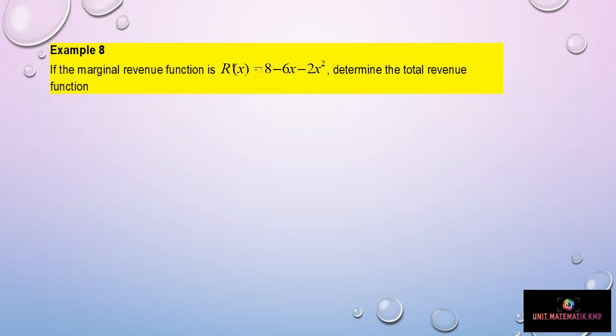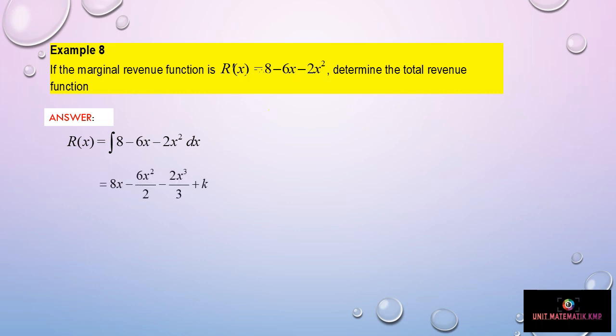Example 8. If the marginal revenue function is R prime x equals 8 minus 6x minus 2x squared, determine the total revenue function. So, the answer is R(x) equals the integral of 8 minus 6x minus 2x squared dx.